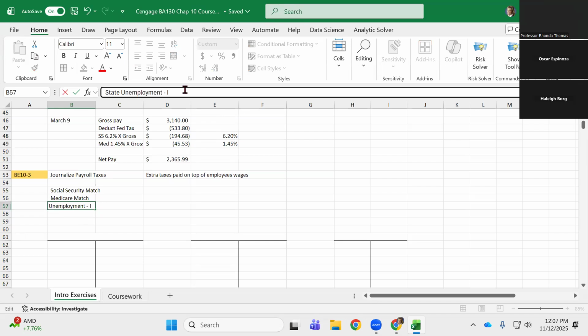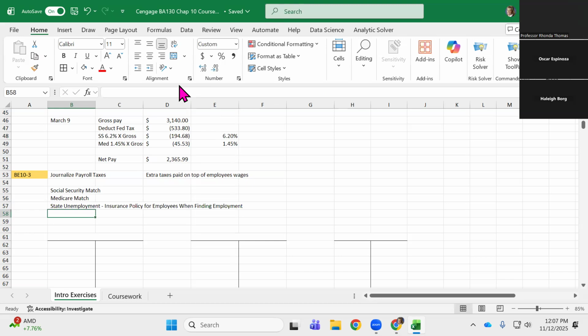So I'm going to put that this is an insurance policy for employees to have some money coming in while they find a new job. So the employers are footing the bill for unemployment. So don't let anybody tell you that as an employee that you're paying into unemployment. No, you're not. It's your employer that is.